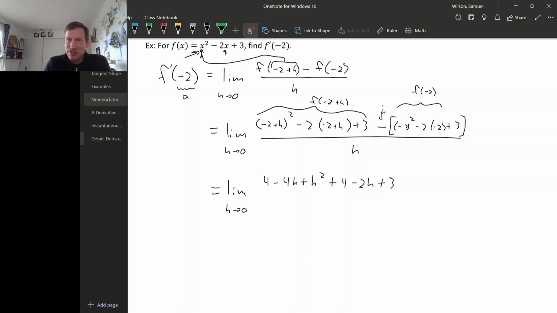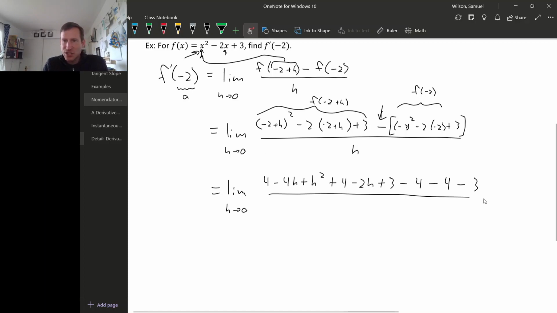And then we also need to distribute this minus sign here, so minus 4, because minus 2 squared is positive 4, but then hit it with that minus sign. And then minus 4, and then minus 3. Okay, all over h.